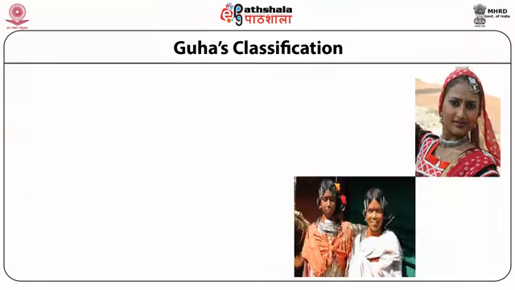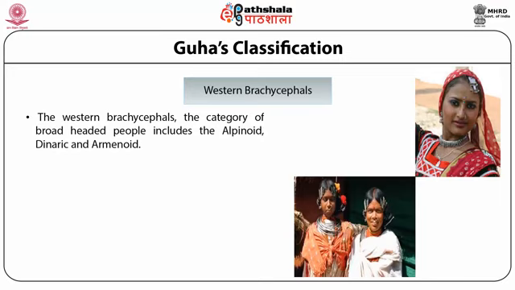The fifth type is Western brachycephals. It is believed that more than one type of broad-headed ethnic group entered into the composition of Indian people. They can be distinguished into three types, that is Alpinoid, Dinaric, and Armenoid.